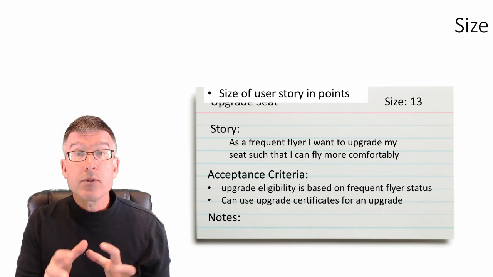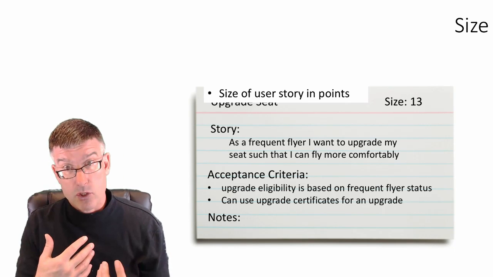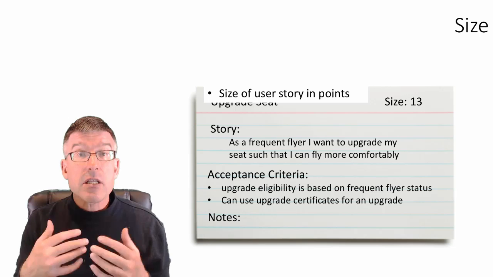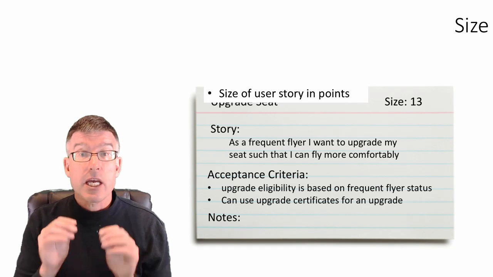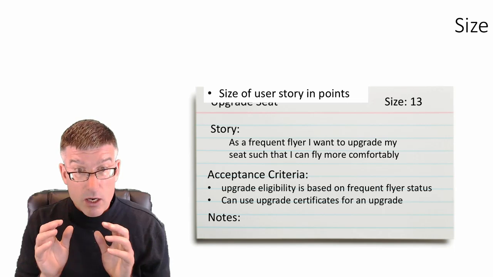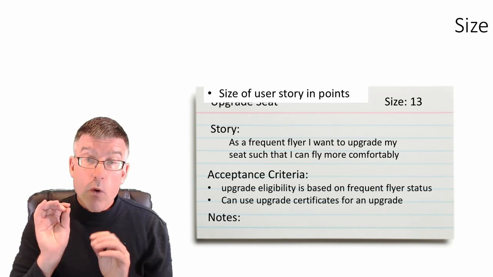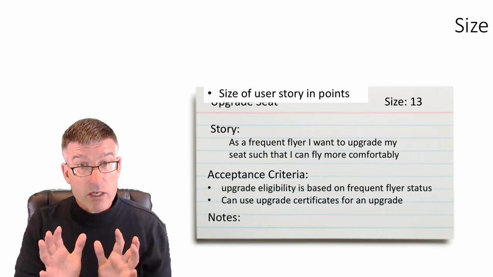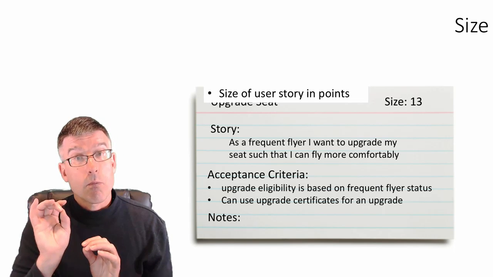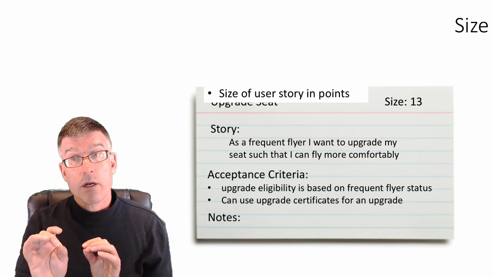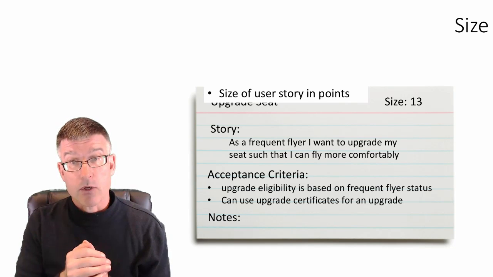You want to be able to express how big this story is compared to other stories. Now, again, that topic of what exactly the size means in this case is beyond the scope of this topic here, but I just want to emphasize we want to be able to express what the size of the story is as part of our template or have a space to express it, but we certainly do not want to have like an estimate in the form of it's going to take somebody this many hours to do it.